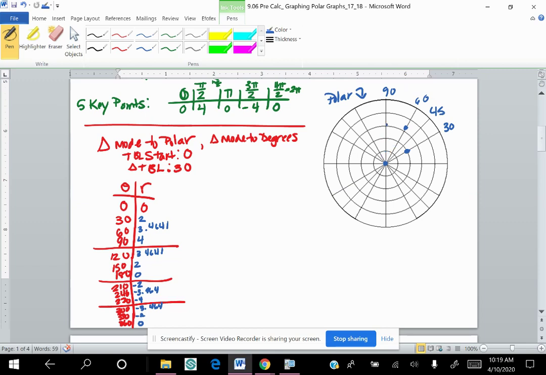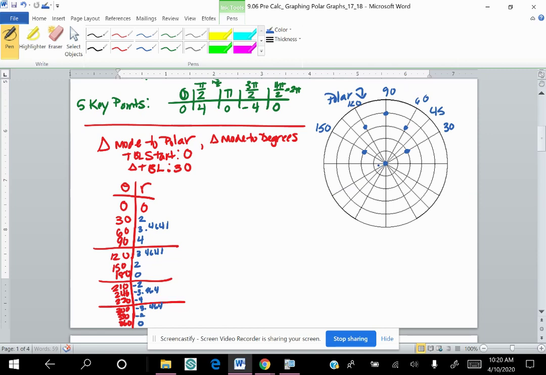So 1, 2, 3, 4. And we go another 30 degrees, we'll be at 120. And at 120, again, we're a little bit less than 3.5. Then we're going to be at 150. And at 150, we're 2 circles right here. And then at 180, we're back at 0.